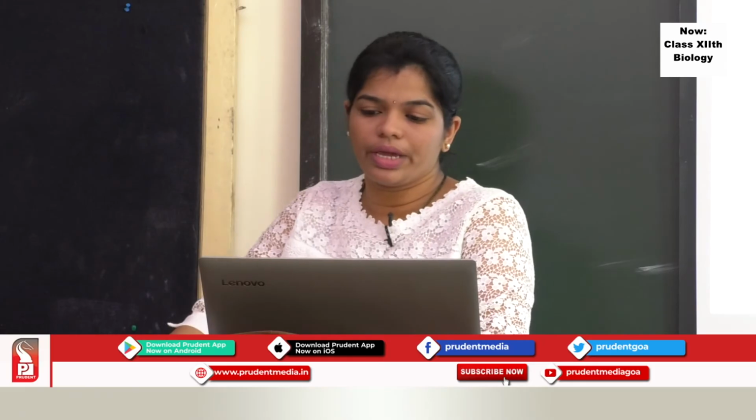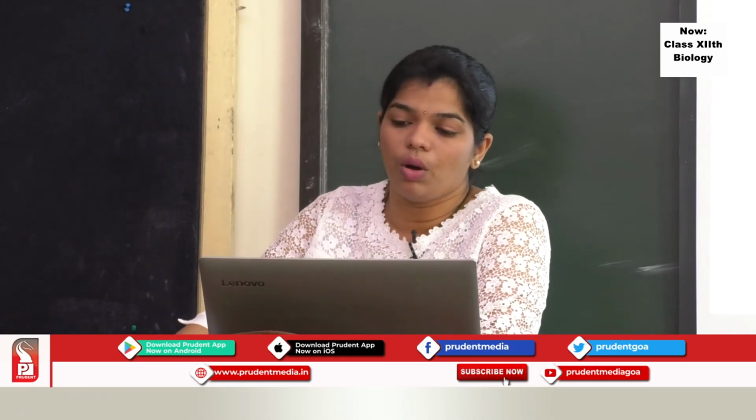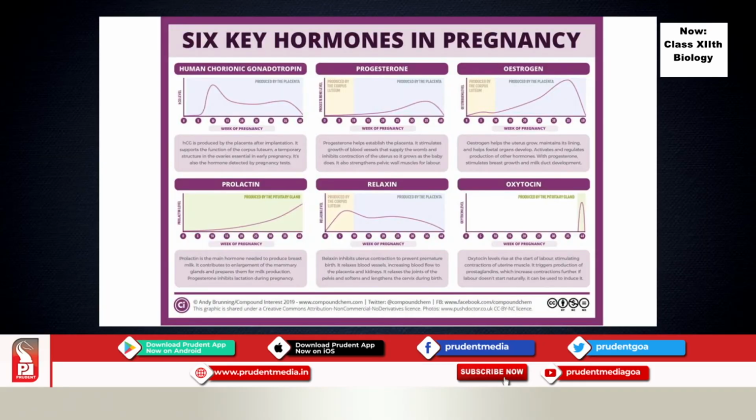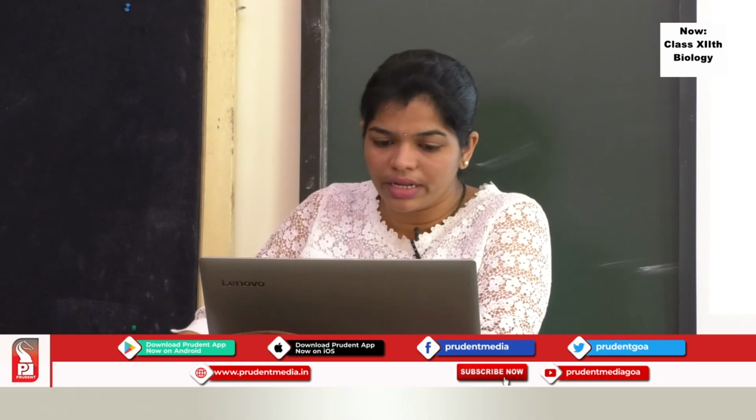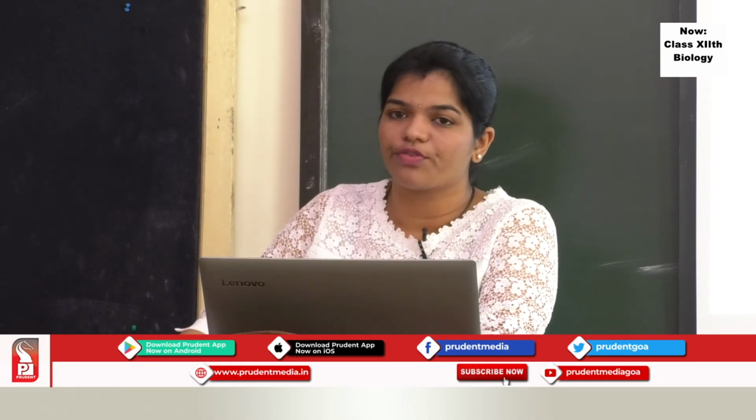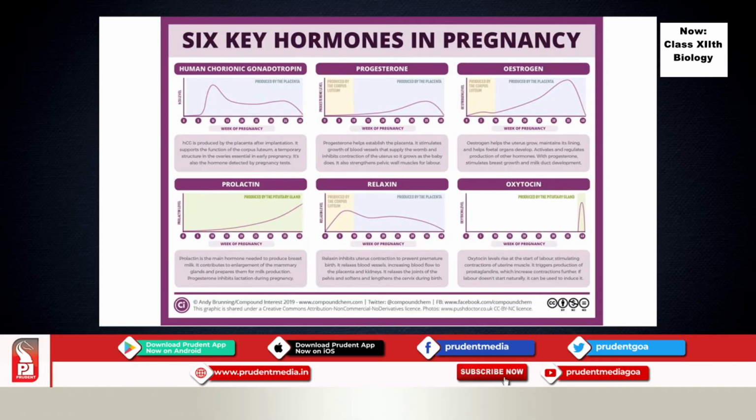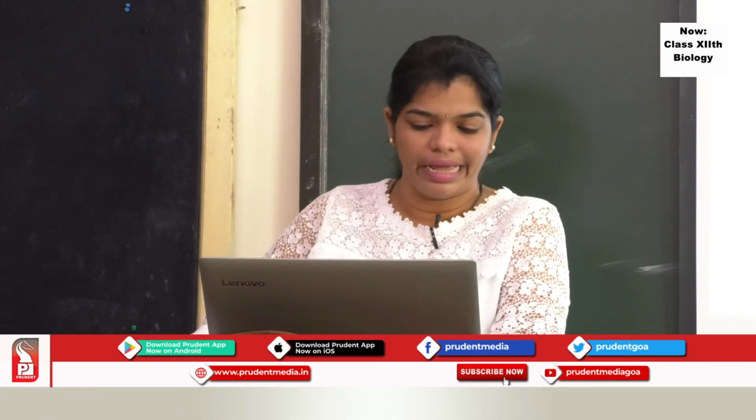Estrogen helps the growth of the uterus, maintains the lining, and helps the fetus to develop the organs. Prolactin, the release of prolactin is seen increasing by the end of pregnancy, by the 40th week, because it is involved in the production of milk in the breast, to be precise, the mammary glands.